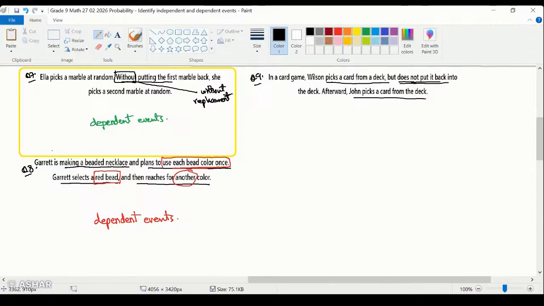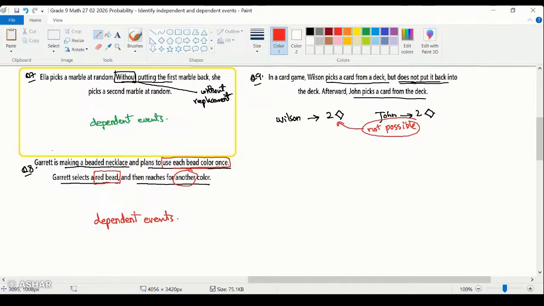Okay. If Wilson picked maybe a 2 of diamonds, right? Can John also pick the 2 of diamonds? Not possible, right? This is not possible. Why?